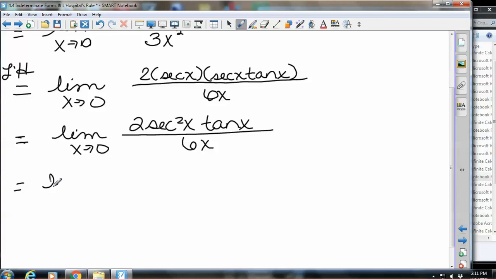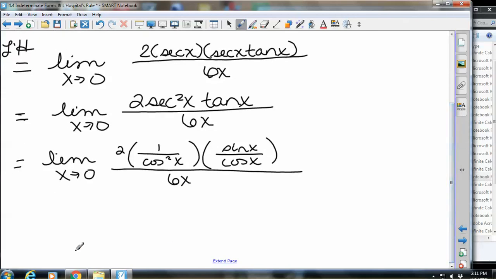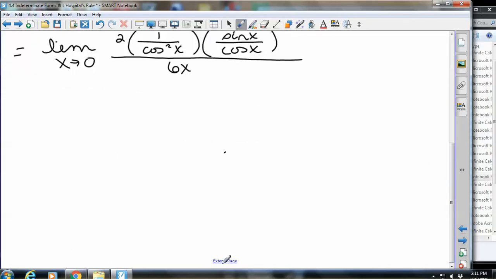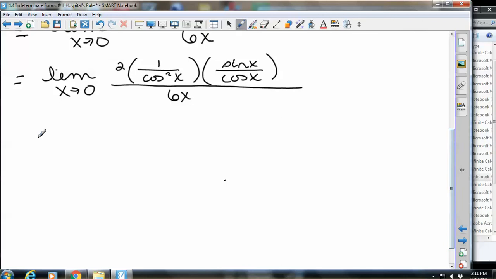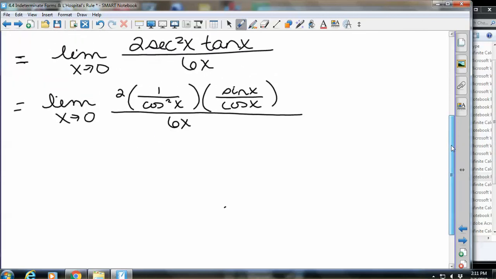Alright, let's try cleaning it up. Secant is 1 over cosine squared. Tangent is sine over cosine. We're just simplifying, I got it.